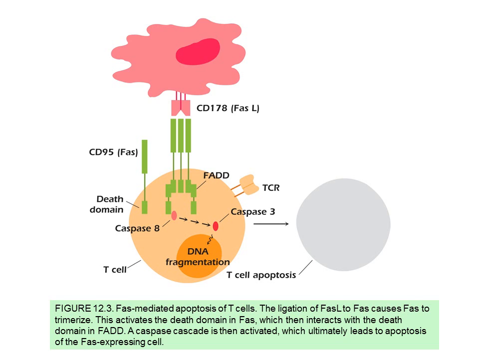But you can see from here, there is a FAS over here with a death domain, and these are a series of caspases, almost from 1 to whatever, and then eventually it will cause DNA fragmentation.